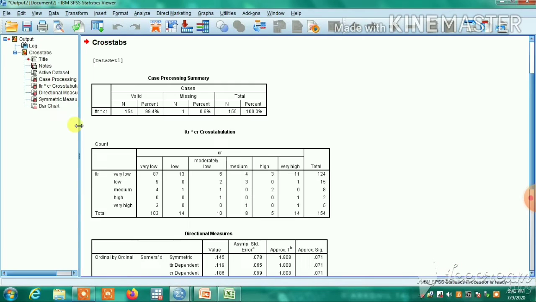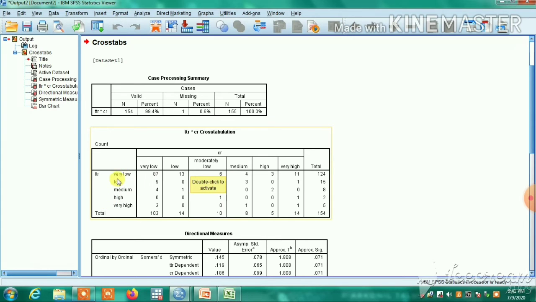The result is like this. This is the case processing summary. The total number of observations is 154, and on this axis are the COVID case rankings: very low, low, moderately low, medium, high, and very high.